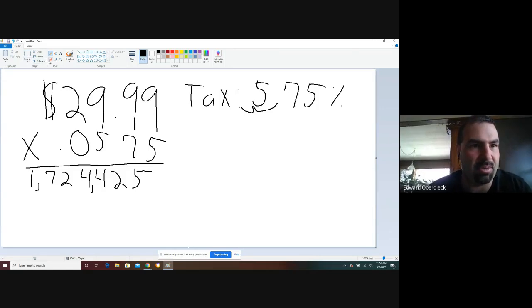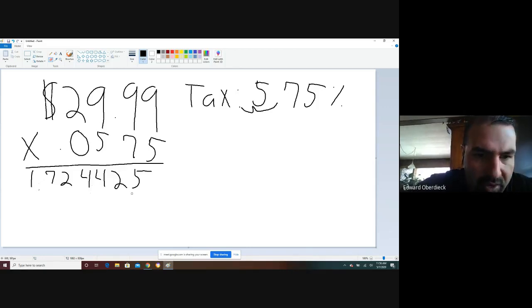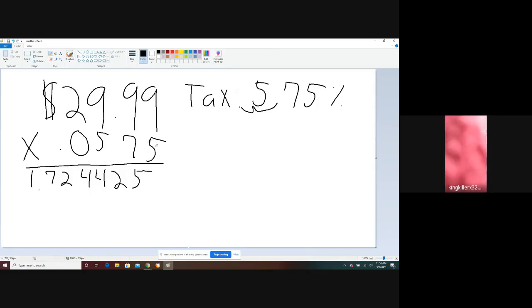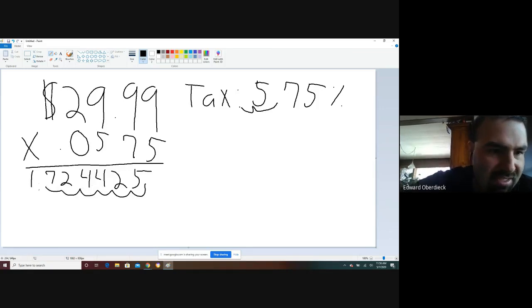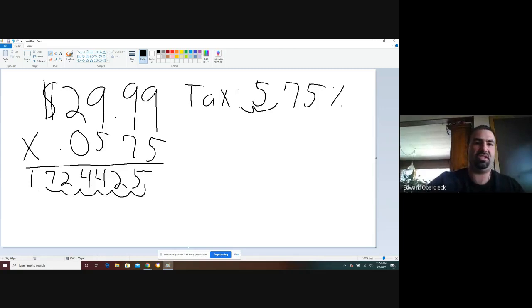I'm going to erase the commas. 1, 2, 3, 4, 5, 6. So that's a total of 6 decimal places in the problem. My error there, it's actually 6 decimal places, not 4.